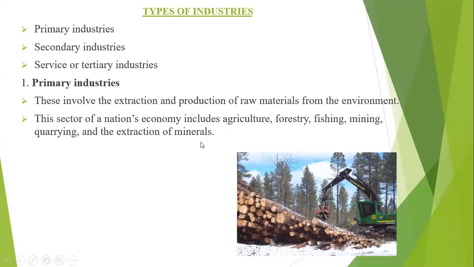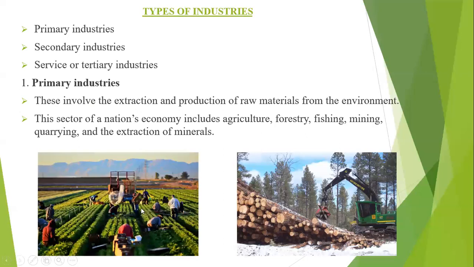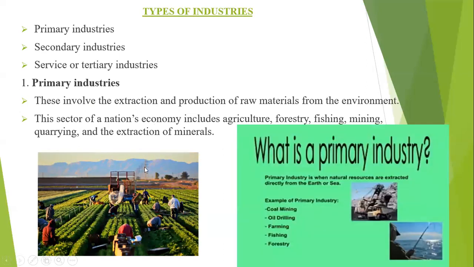So basically, when you talk of primary industries, these are industries which deal with extraction of raw materials from the environment. As you're able to see here, this is a primary industry dealing with extraction of timber from the environment. So this is lumbering, and here we have agriculture. So these are primary industries.